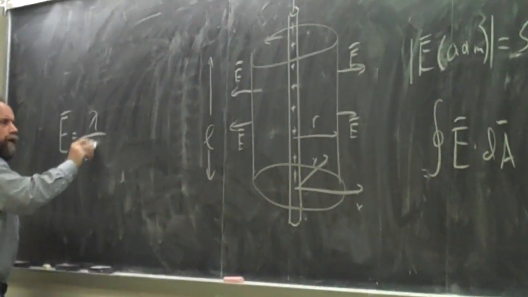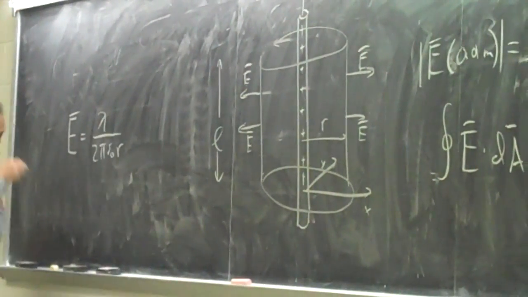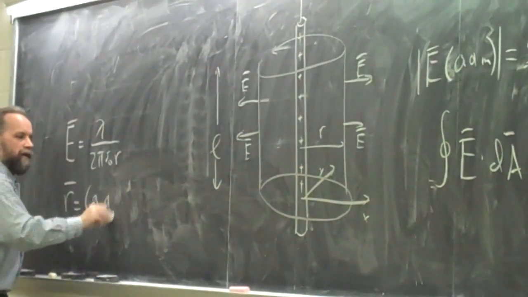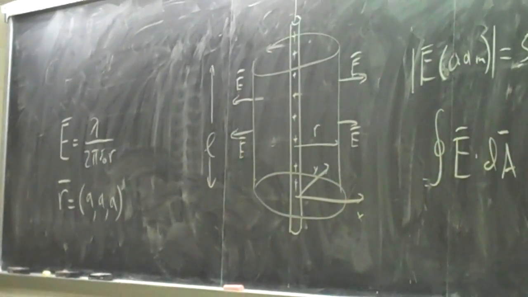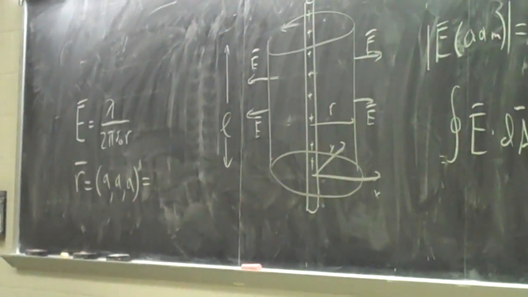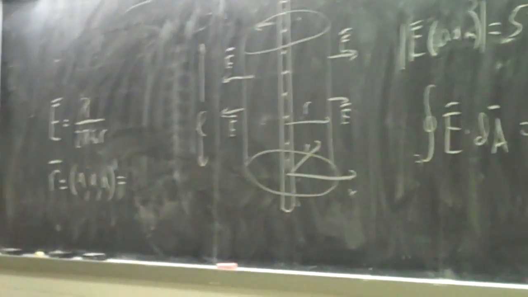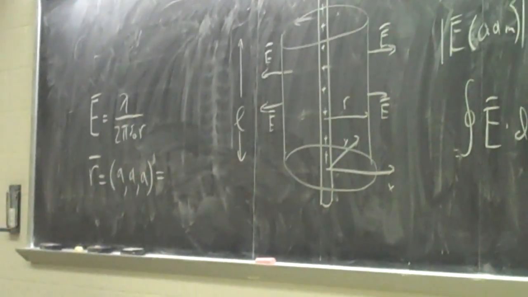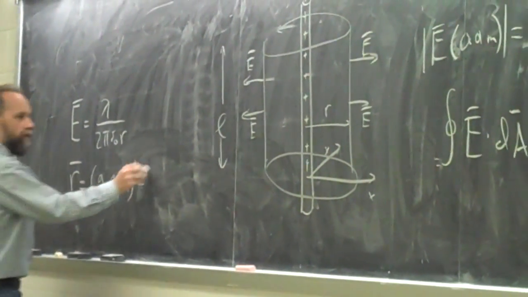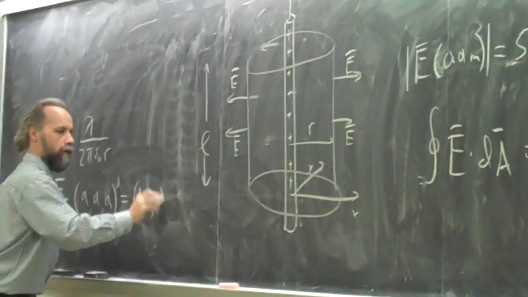Lambda over 2 pi epsilon naught r, and we are at a position which I said was A, comma A, comma A, where that's 1 meter, 1 meter, 1 meter, because A was 1 meter. It says X is AAA, where A is 1 meter, so this is 1, 1, 1.